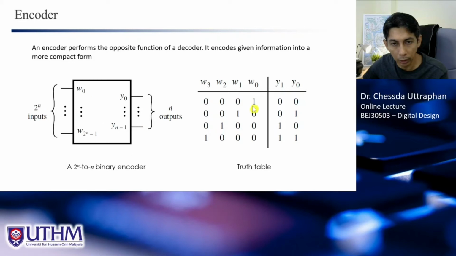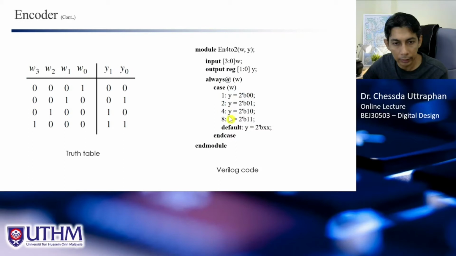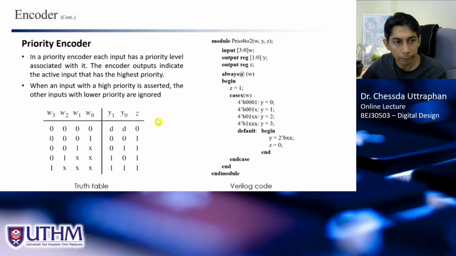So this one is a 4 to 2 encoder, and this is the code, very easy. If W equals 1, we have B equal to 0, 0, and again, because this is a case statement and you have 4 inputs, you should actually have 15 combinations. So other than this, you set don't care as the default, right?